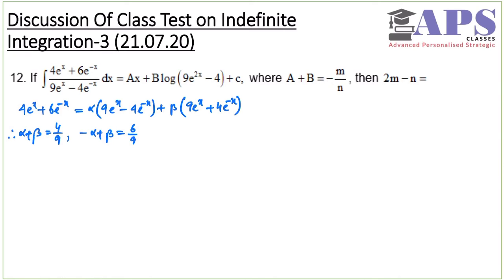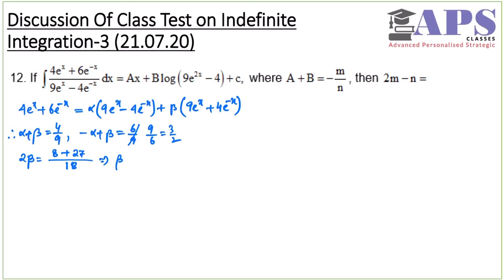No, minus alpha plus beta is not 6 by 9, it is 9 by 6, and that is 3 by 2. So when I add them, I'll get 2 beta equal to, 18 is the LCM, and we will get 8 plus 27, it's 35.